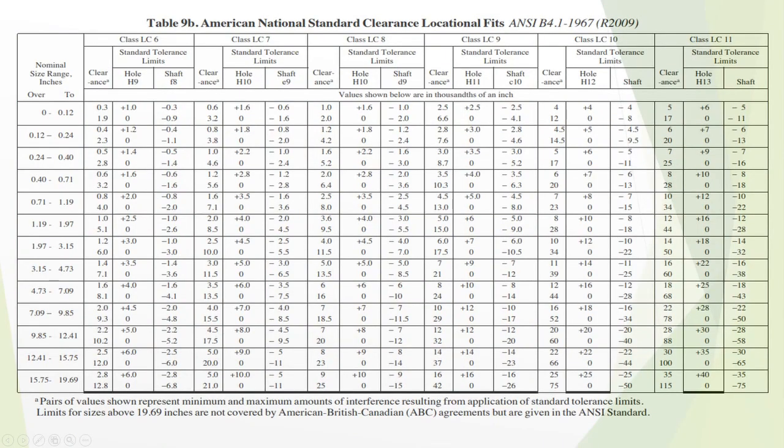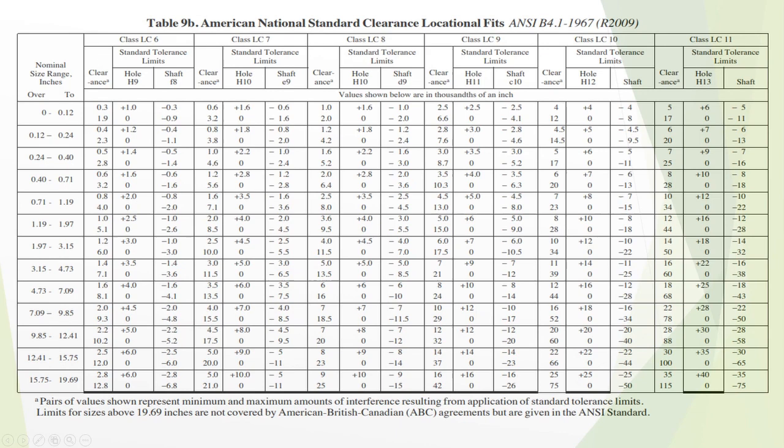The next table is of locational clearance fit. I have this table of locational clearance fit from 6 to 11. Locational clearance fits are used where we have to fix one part into another part where we don't want too much clearance in the parts.